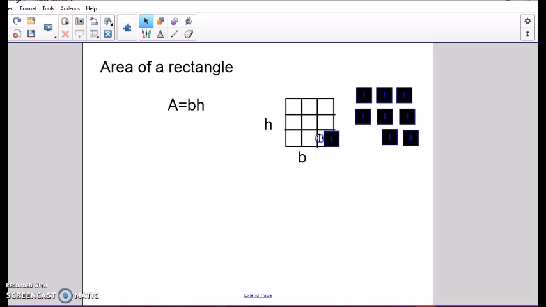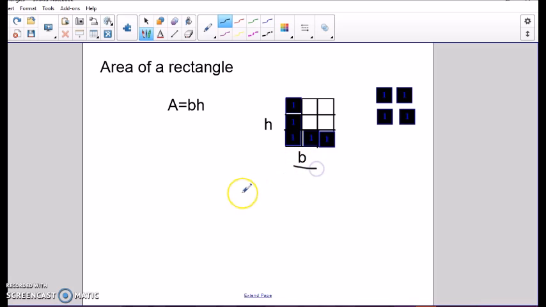In this example, there are three 1x1 squares in the base and 1, 2, 3 in the height. So the base is 3, and we multiply it by the height, which is 3. The total would be 9. So our area for this shape would be 9 because we multiply them.